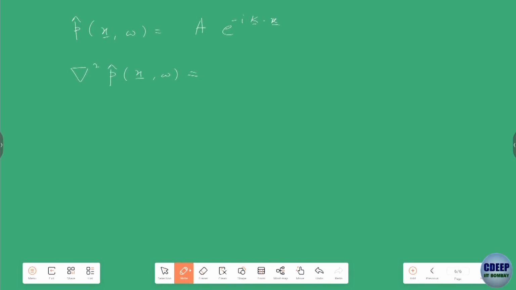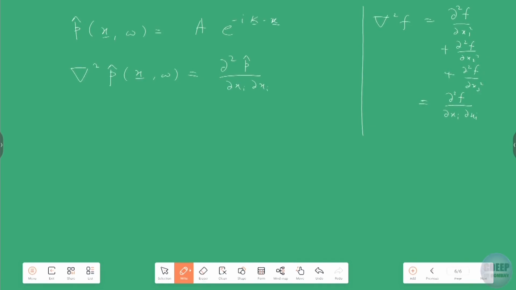Remember that del square of some scalar f in Cartesian coordinates is del 2 f del x1 square plus del 2 f del x2 square plus del 2 f del x3 square. So how do I write it in terms of Einstein convention? Del xi del xi, just to make it clear that there is a repeated index i. So this is del 2 p hat del xi del xi.